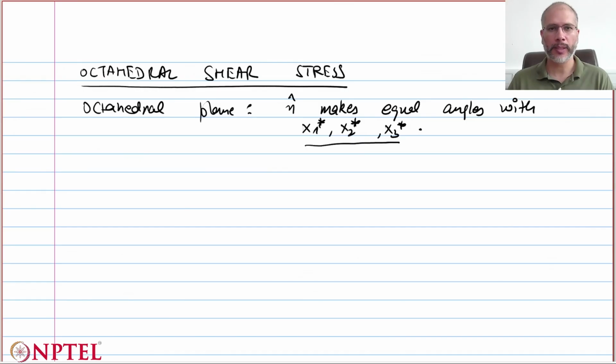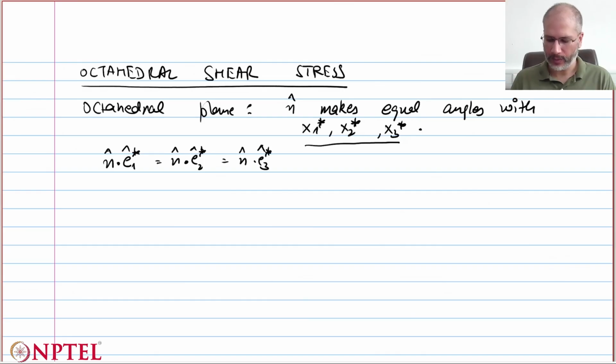So you have to work in the principal coordinate system to be able to find or locate the octahedral plane. So with that logic, n hat dot e1 star is the same as n hat dot e2 star is the same as n hat dot e3 star. That's saying that it makes equal angles. So the components of n hat, that is the octahedral normal, are the same in all three principal directions.